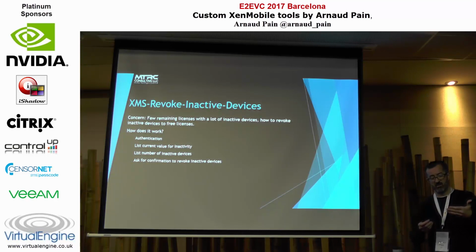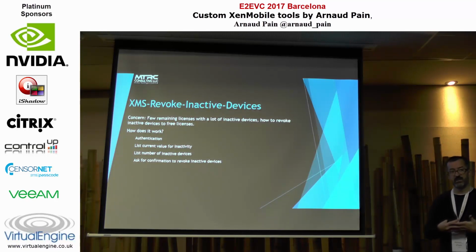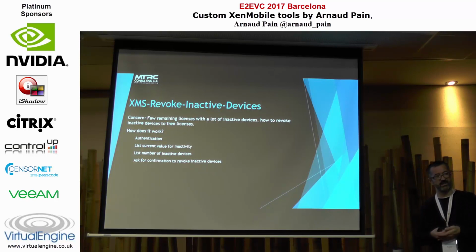The user was left without any more licenses, so no more users were able to enroll a device. So I created, in the same way, a script to list the inactive devices and to revoke them. When a device is revoked, the license is freed on the license server.